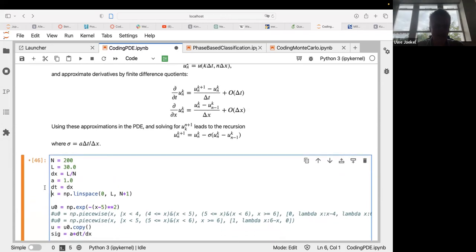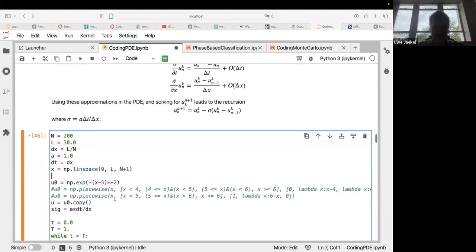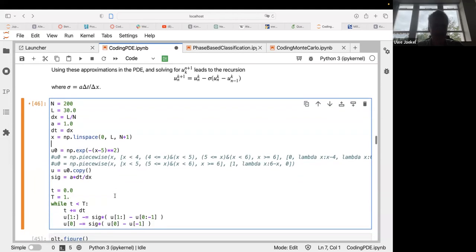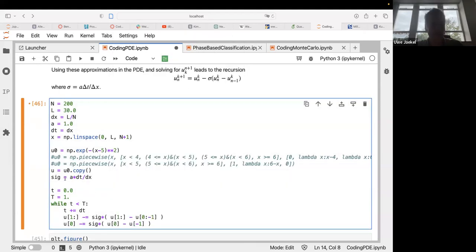And we will store the solution. This is the representation of the x values, and let's assume that we have a Gaussian function, a Gauss curve centered at position 5. Now we have the sigma specified by a times dt over dx.